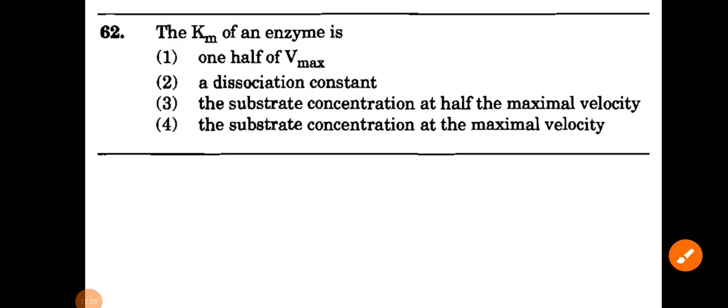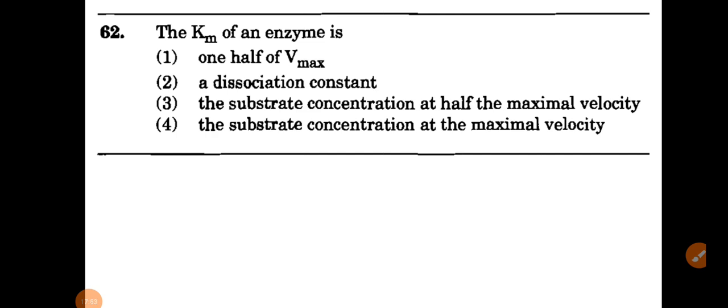Next one: the Km of an enzyme is half of Vmax, a dissociation constant, the substrate concentration at half of the maximal velocity, or the substrate concentration at the maximal velocity? So what is the answer here?